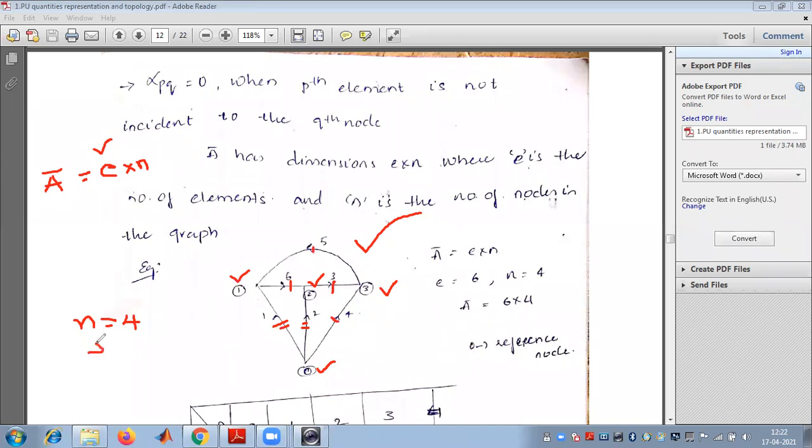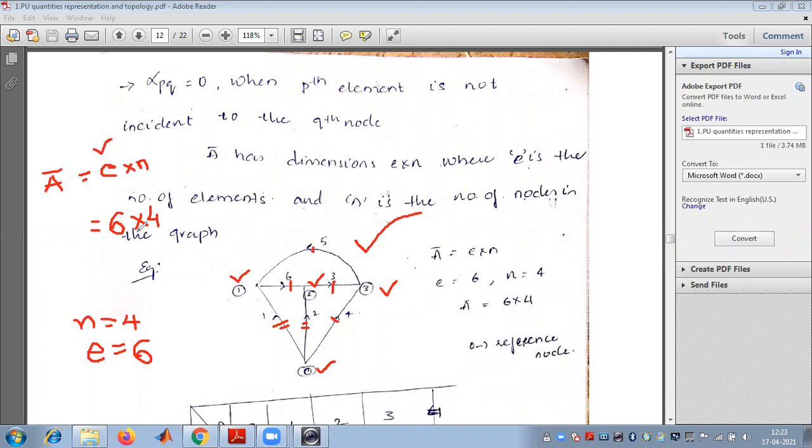So the total number of line segments, the number of elements in this particular graph, is equal to 6. Now what is the size of the element node incidence matrix? Total 6 by 4, the number of rows and the number of columns. So the size of the element node incidence matrix is equal to 6 by 4.